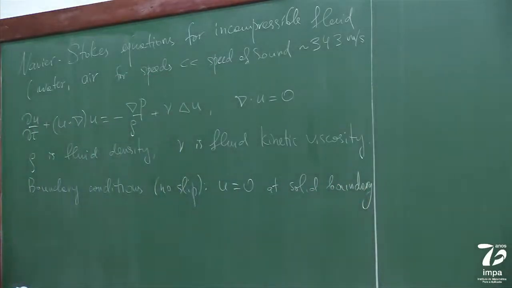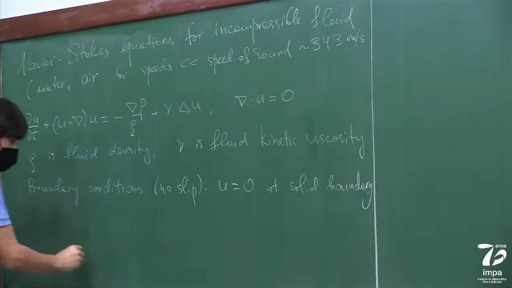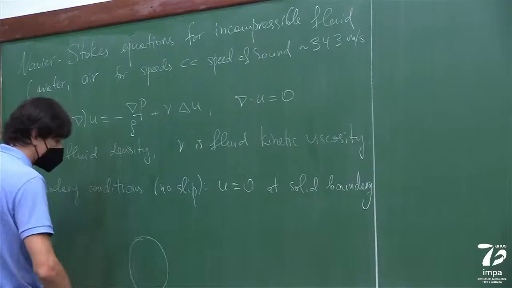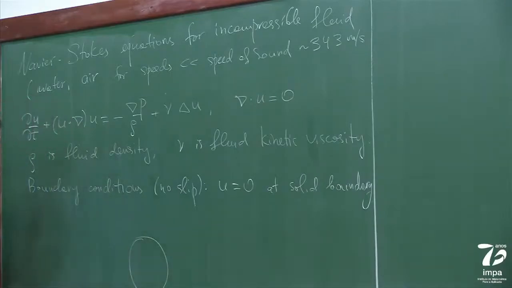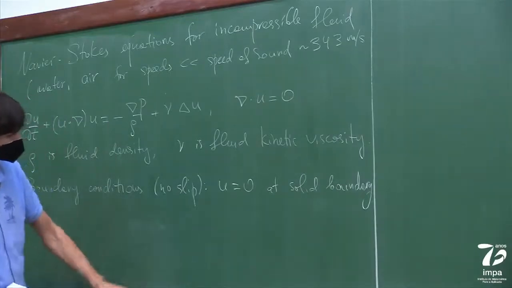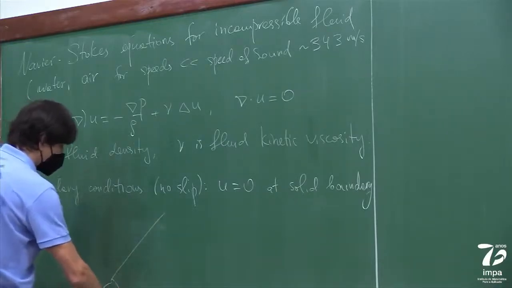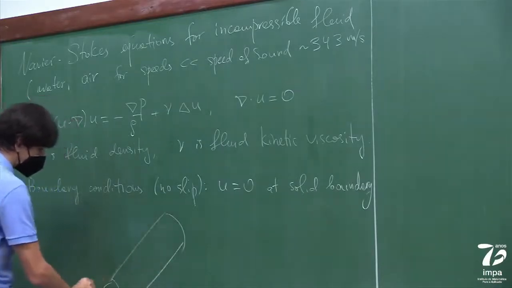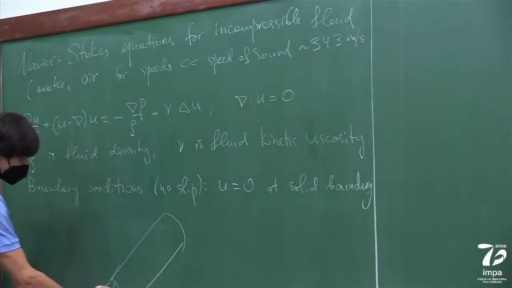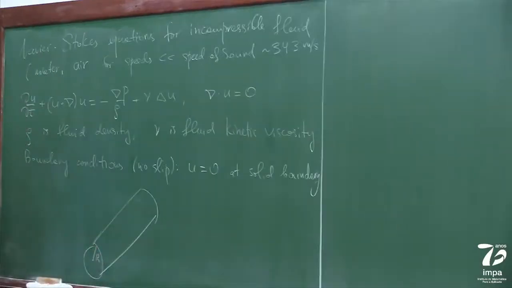Okay. So let's consider a specific example and do this analysis. The specific example that we already considered was a disk, or better, if we go to 3 dimensions, a cylinder. So consider an infinitely long cylinder of radius r, and a flow which far away has some constant speed, so that you have wind going around the cylinder.